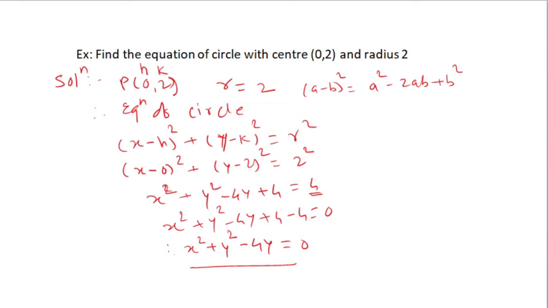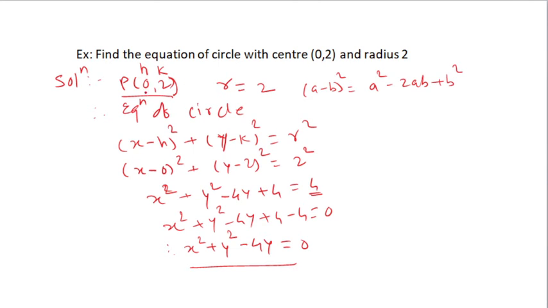Now what are the given things? First, the fixed point is given. It is called P (0, 2) and the radius is 2. Now with the help of the equation of circle, what is the equation of circle? (x minus h) whole square plus (y minus k) whole square is equal to r square. Now this center is (h, k) equals (0, 2).